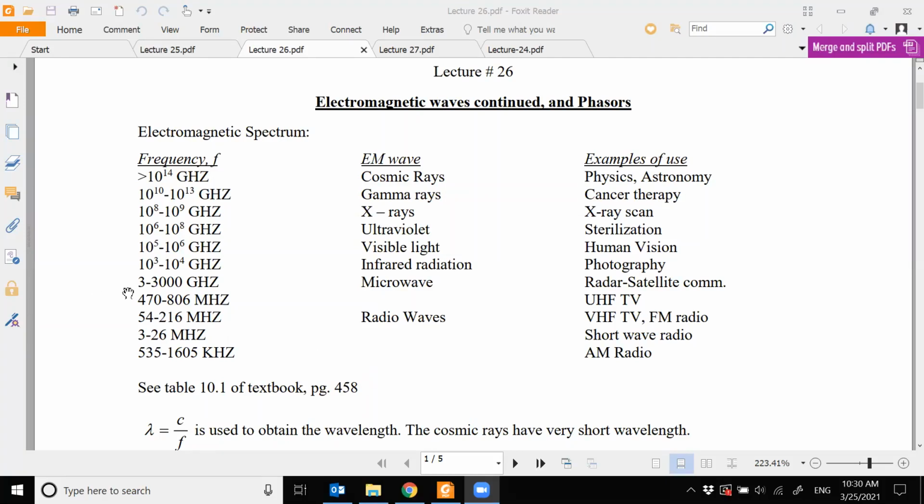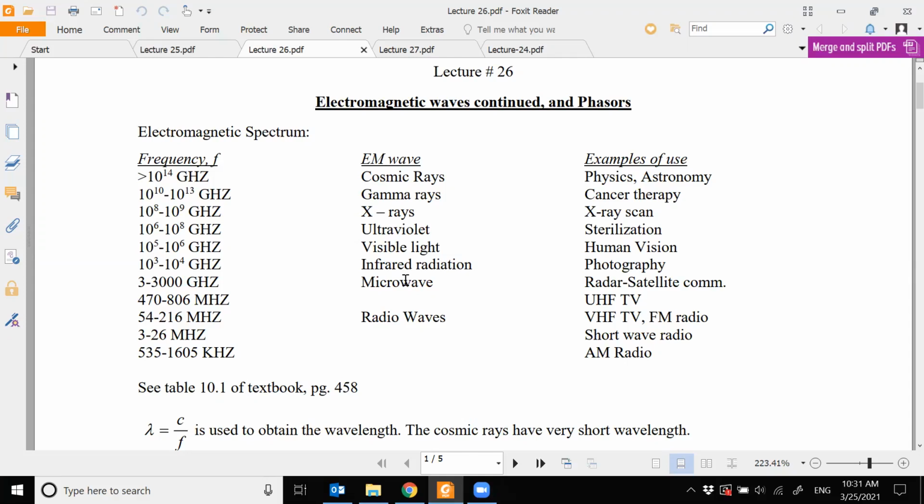This is very common from 3 to 3000 gigahertz. This is called the microwave region, a very broad classification. And from here, the smaller ones, 2-3 gigahertz, are the frequencies of our mobile communications.